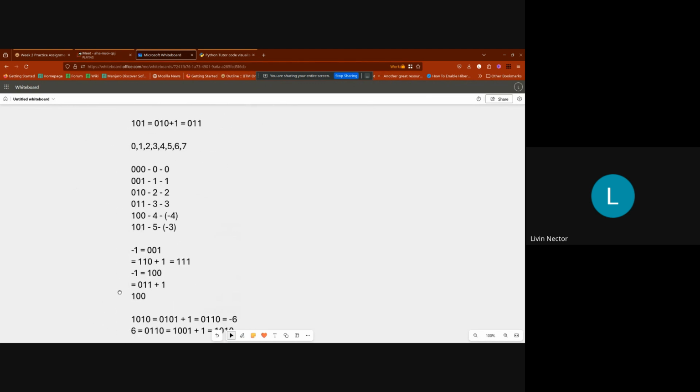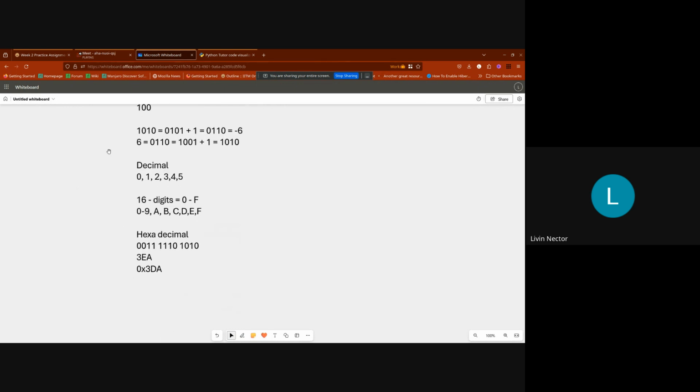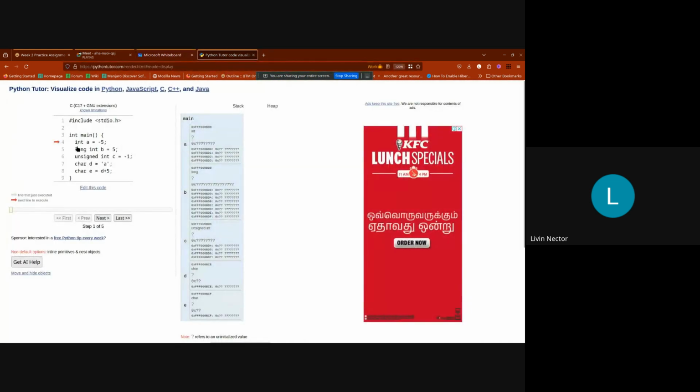So now we saw how numbers are represented. These are just normal numbers. Here we can see these types: int, integer. C has types like integer, long integer, unsigned integer.